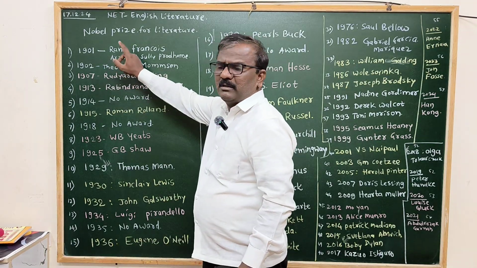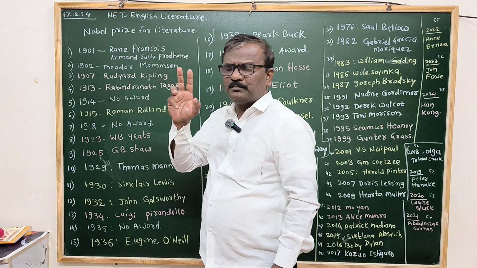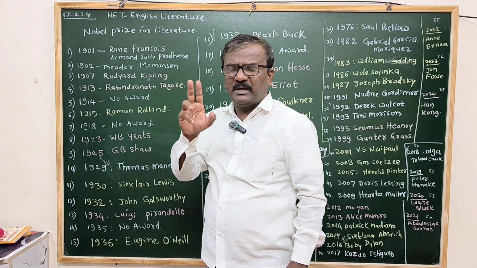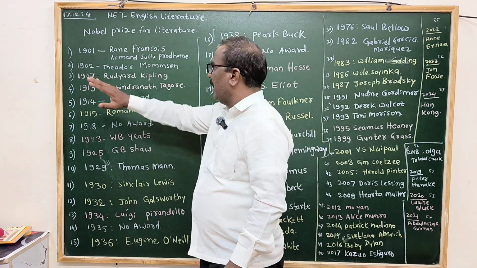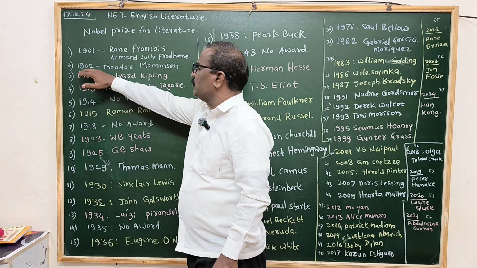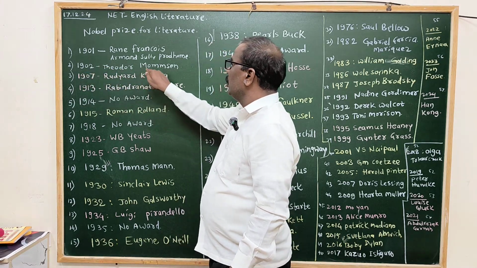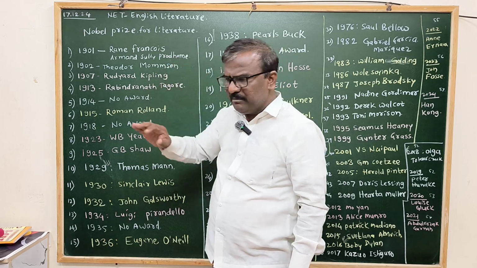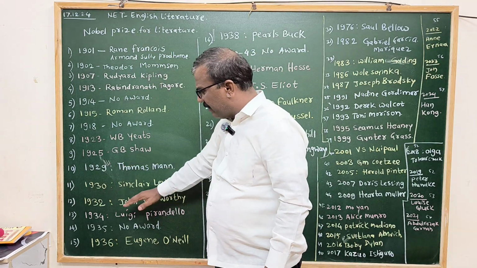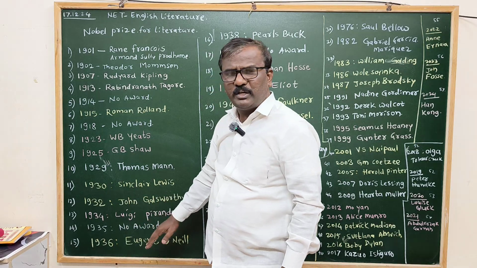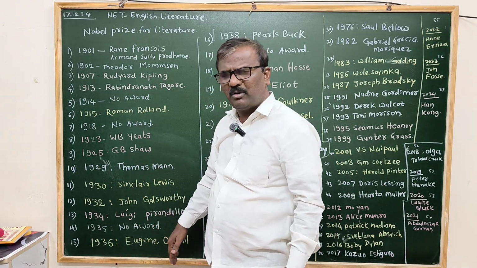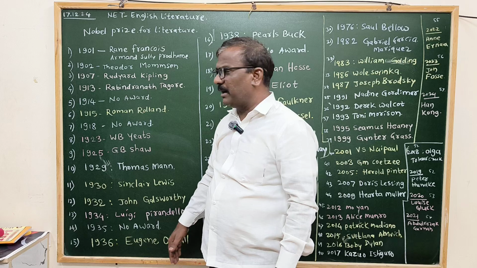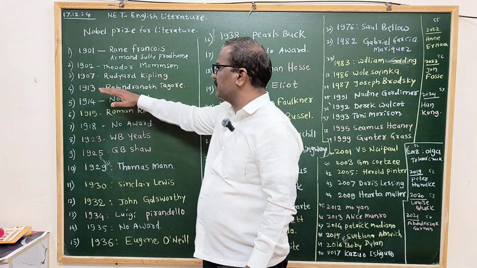Please remember, the first 2 persons got the Nobel Prize in 1901. After that, 1902, Theodore Mommsen. Every time I read all these writers' names before going to NET exam or KSET exam or SET exam, I got the mark. You also please read it, remember it.